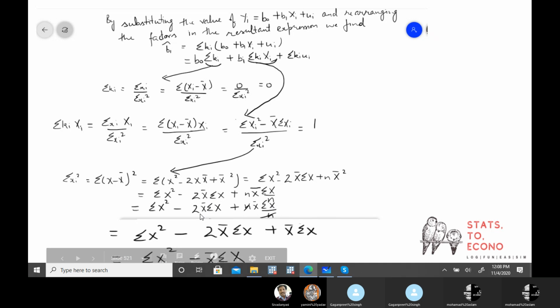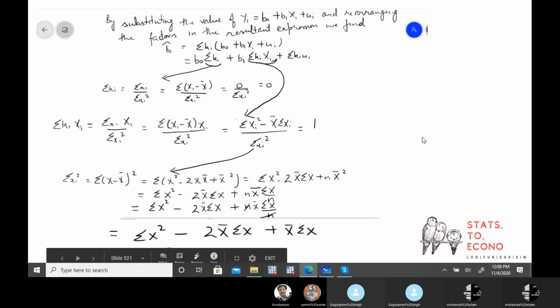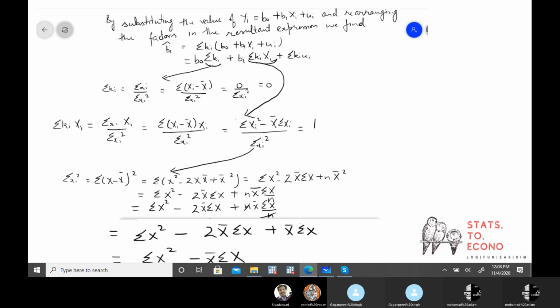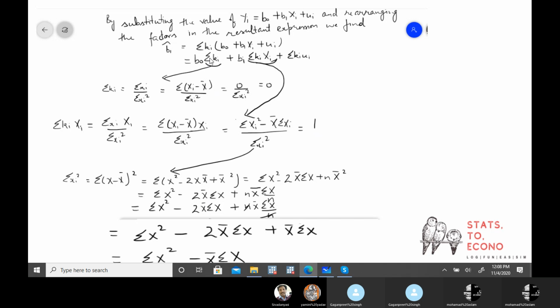So 2, it's 2 and it's a single term, so 1 will be cancelled out, and we are left with summation x square minus mean summation x. That's what we have in the numerator. So this numerator will cancel out with this denominator term, and it's equivalent to 1. So here we have proved that this is 0, and this particular term is equivalent to 1.